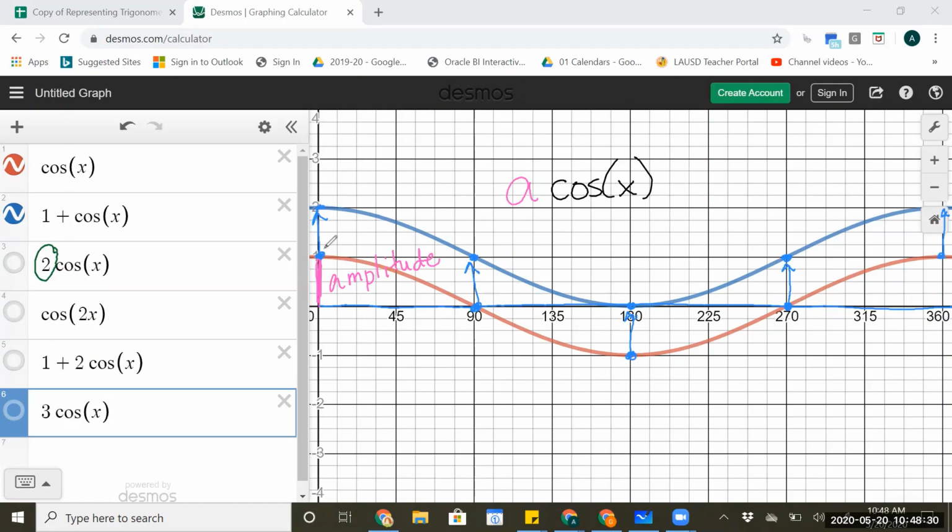Notice I picked these points because they're maximums, minimums, and x-intercepts, okay? And so if everything's moving up, it's safe to confirm that this is still a vertical translation. That's still happening like before with our parent functions and our transformations of functions in the last unit.